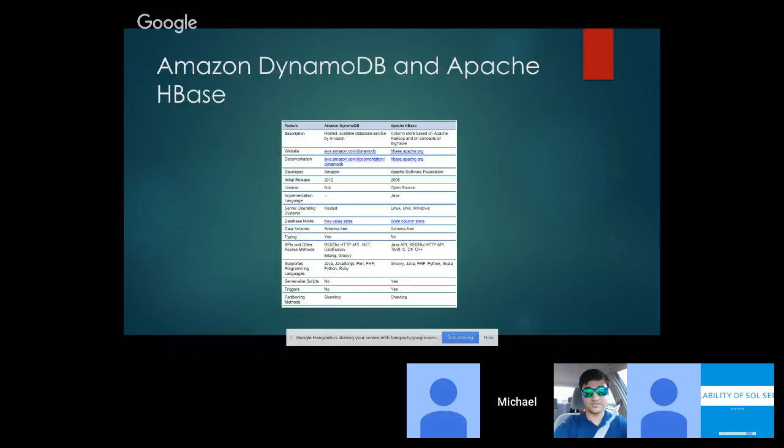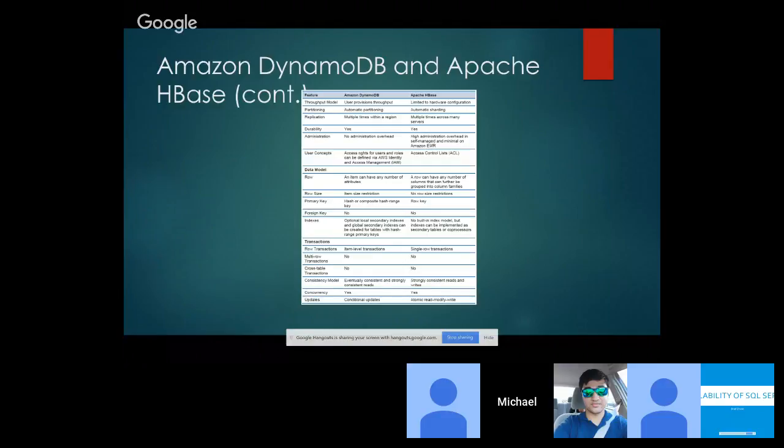I also took into consideration the actual APIs and the tools, the methods for accessing specific data on the back end. As you could see, there are different APIs and other methods of access through RESTful HTTP API .NET. It also shows the differentiated supported programming languages between the two NoSQL databases.